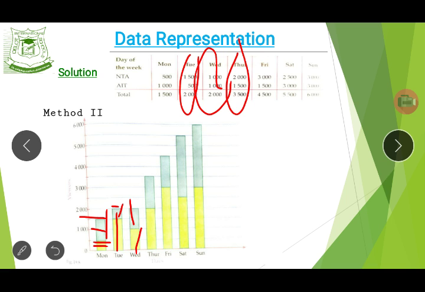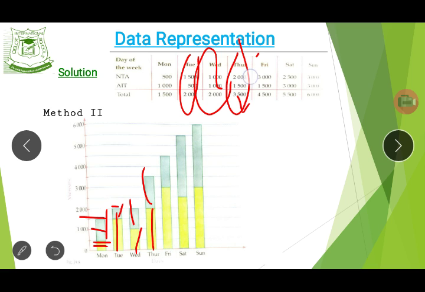In all of them, you see that we have 3,500 here. So how many viewers for NTA? 2,000. We split the 2,000 out, and we color it for NTA, as we've been doing for the other bars as well. And then we color the rest for AIT. So you just color the amounts that you know, and then you color the rest for the others.